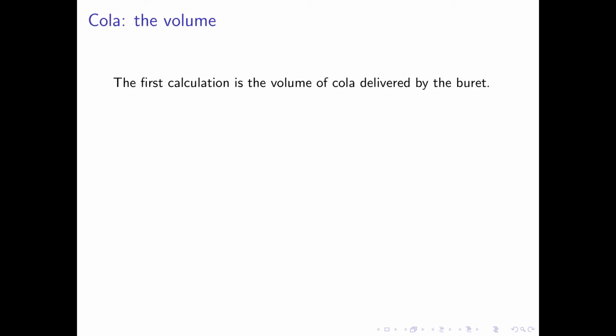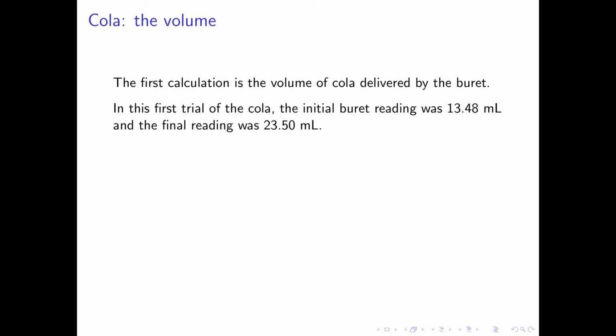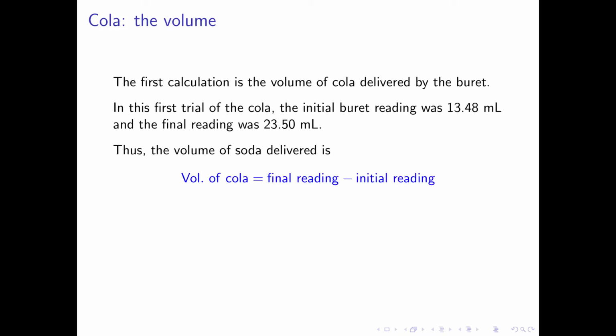The first calculation is to determine the volume of cola delivered by the burette. In this first trial of the cola, the initial burette reading that I made was 13.48 milliliters, and the final reading was 23.50 milliliters.